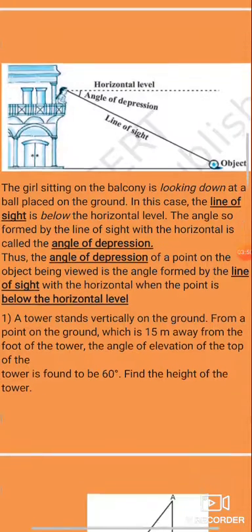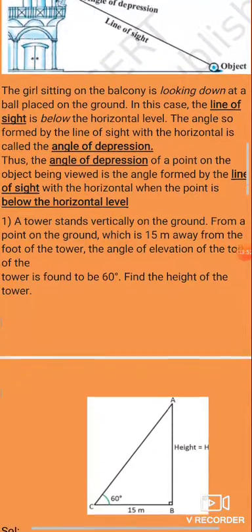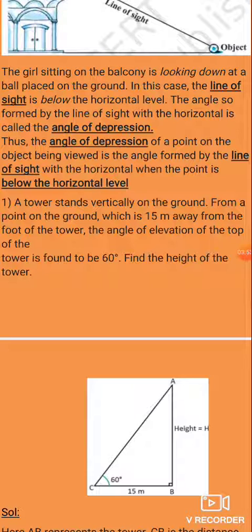Now the first question. A tower stands vertically on the ground. So listen, the figure. From a point on the ground, which is 15 meters away from the foot of the tower, the angle of elevation of the top of the tower is found to be 60 degrees.